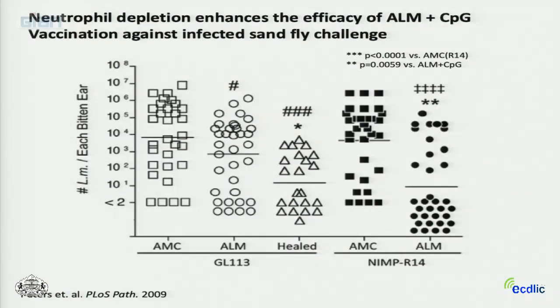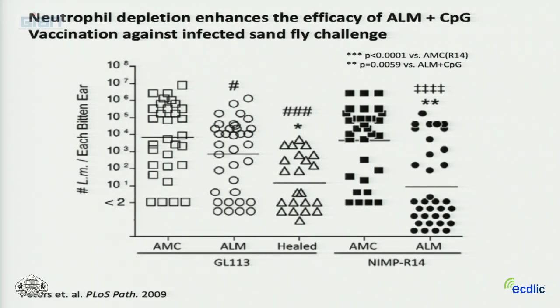Picks up these parasites, delivers them to dendritic cells and to dermal macrophages, and prevents innate responses and adaptive responses, or delays the onset. But depleting neutrophils at the time of challenge, there's no practical way to do that to rescue a vaccine, because you would have no idea.